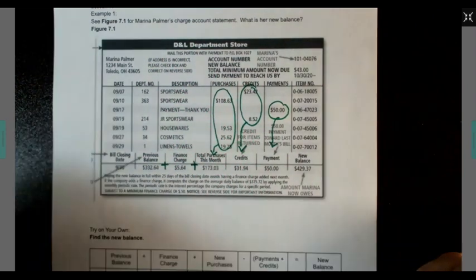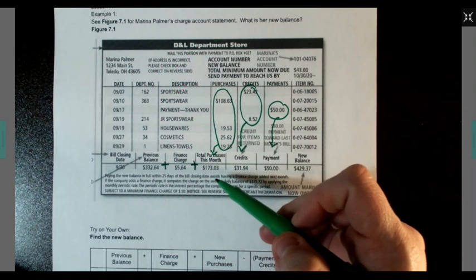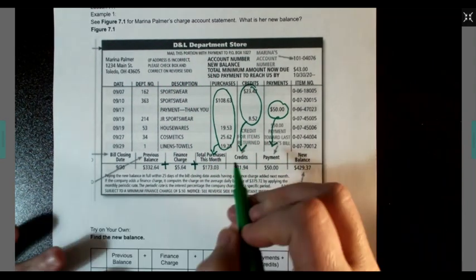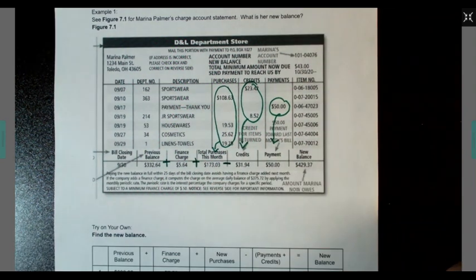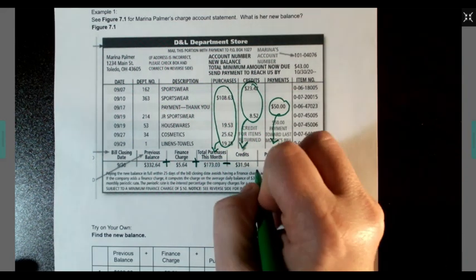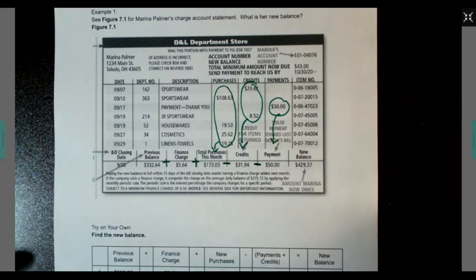So I'm going to go buy some stuff. But it's going to come at the cost of I have to still pay that back to the company. Credits are going to be subtracted. These are going to be deducted from my account. We're also going to subtract payments because we're paying those off.